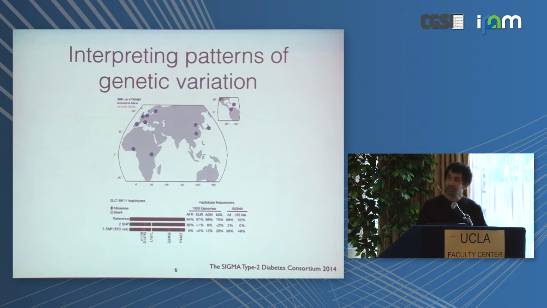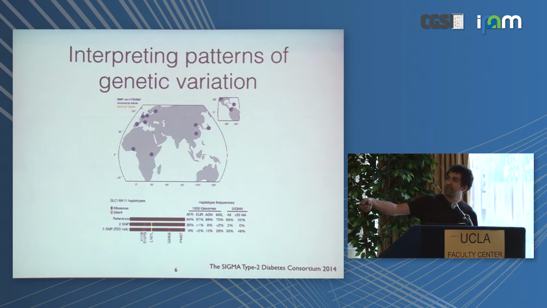Here's another example, a type 2 diabetes scan that was done in Mexican American populations. This study came up with a novel risk variant found in a gene called SLC16A11. This is a risk variant that confers increased risk for type 2 diabetes in Mexican Americans.